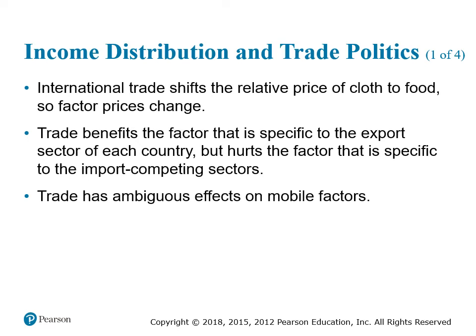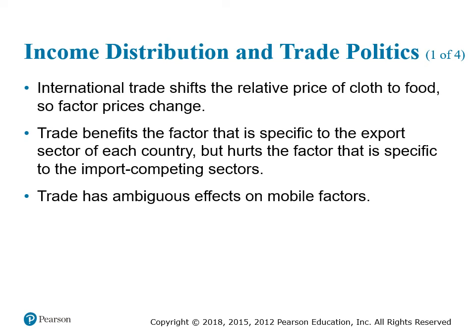If they see that the food industry is not doing well because there is a lot of competition from abroad, they can easily switch to working in the cloth industry, in which the country is able to export abroad and in which the prices have increased after trade.